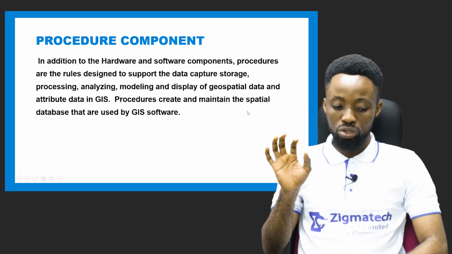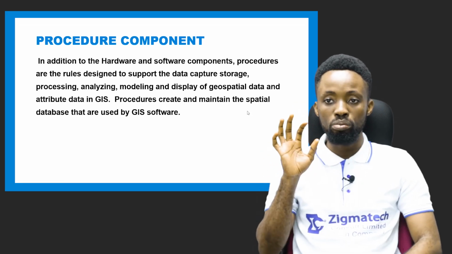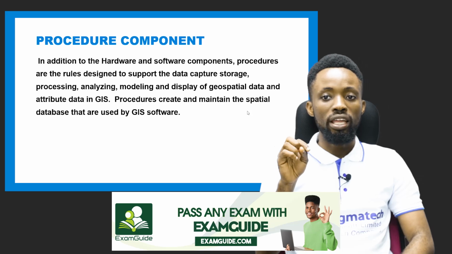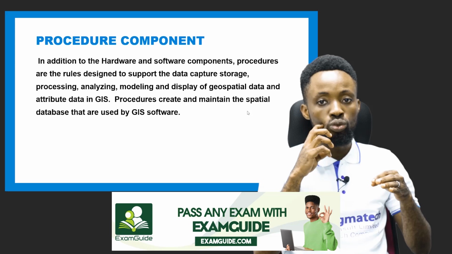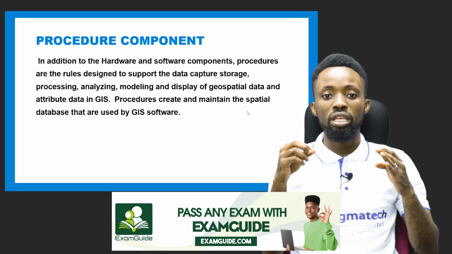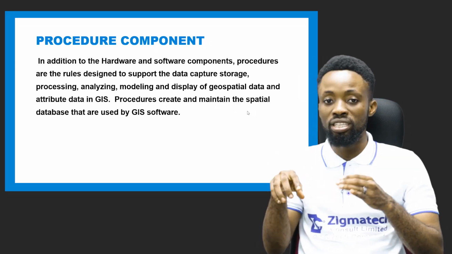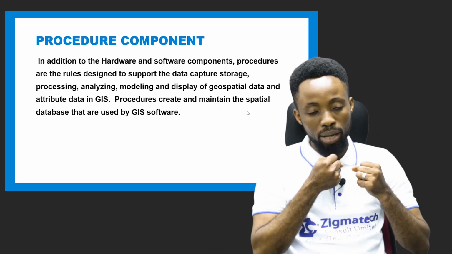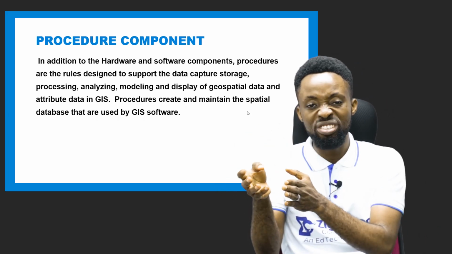Let's go to the next component of GIS. The next component of GIS is called the procedure component. When we talk about the hardware and the software, now we go over to the procedure. GIS is a computer system that captures, analyzes, processes, and presents.